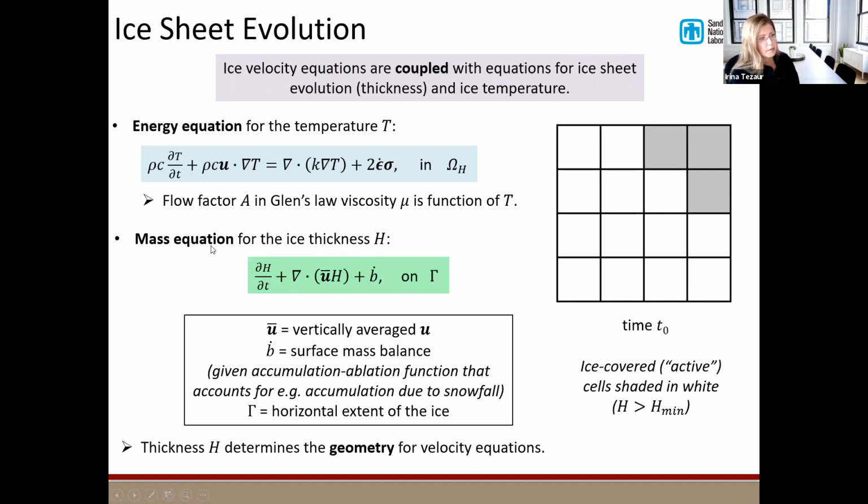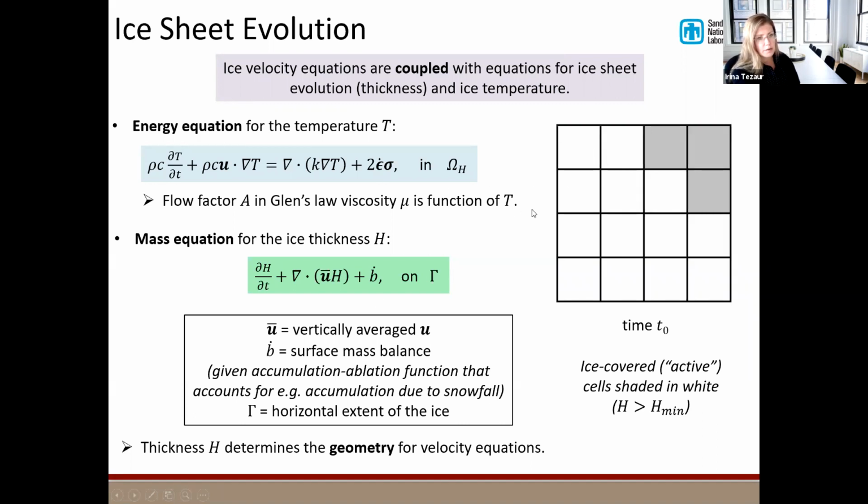The way this is typically done in ice sheets is that people will mesh up a block of potential ice, like shown here. Then you have an initial thickness, and you check in each grid cell if the initial thickness is above or below a certain minimal threshold that you specify. If it is above, then that cell is considered ice covered, otherwise it's not.